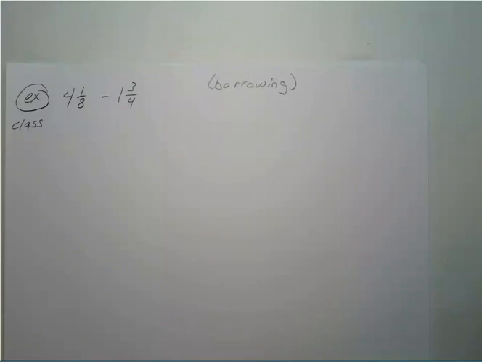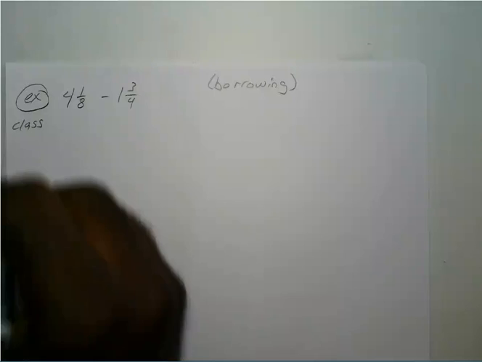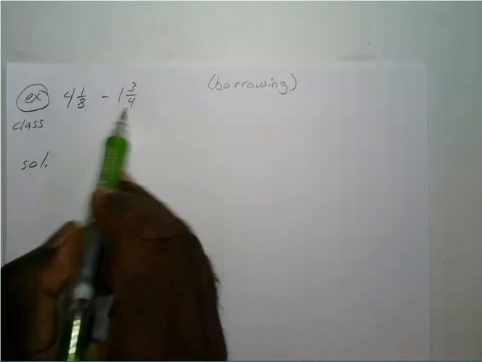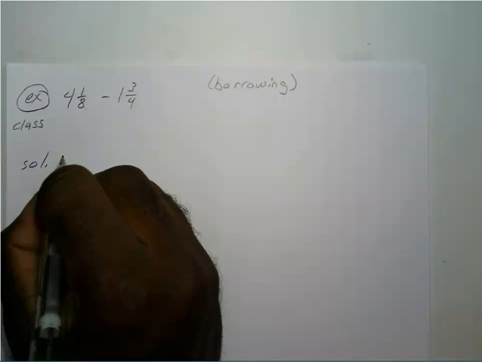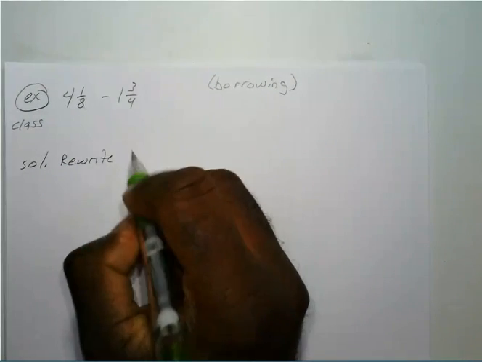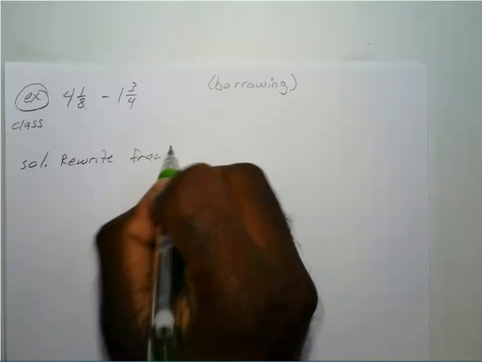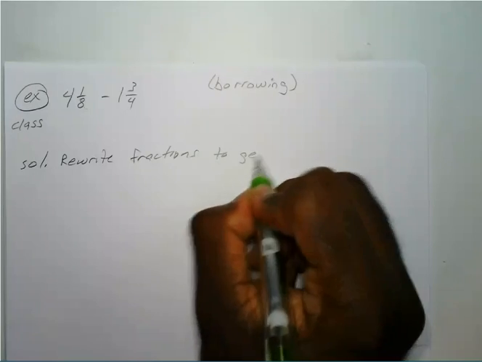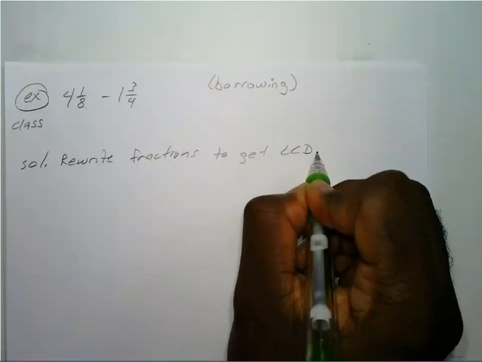Okay, so you may run into this every once in a while. So first thing we want to do, just like before, is get our matching denominators. So rewrite the fraction to get your least common denominators.